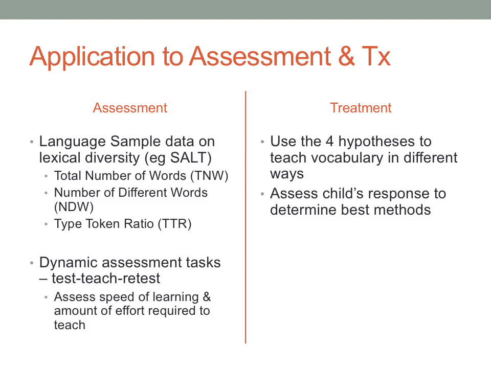We can take an approach from one of these hypotheses that then helps teach a child how to learn words, not just teaching them new words. We can't teach a child all the words in the language by direct instruction, right? That's not possible. We'll never accomplish that task.